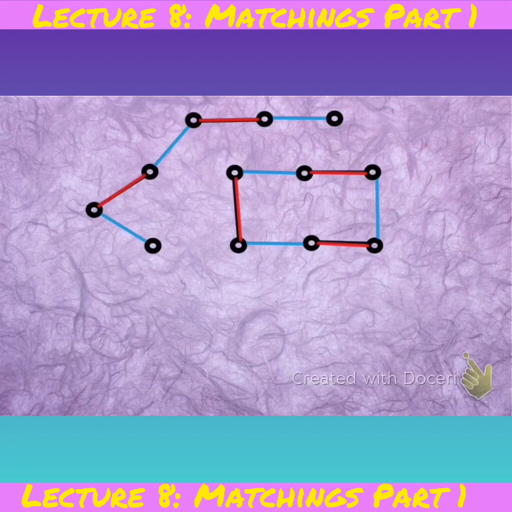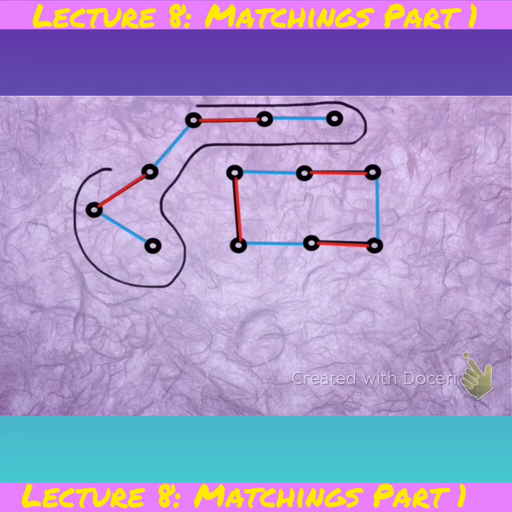Okay, now what are we seeing here? We're seeing a graph with two components. Now look at the one component, right? The one component is a path that alternates between M1 and M2. The two end vertices are, what are they?